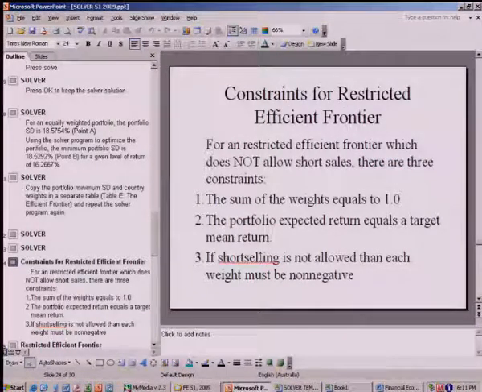The third constraint doesn't allow short selling, which means that the weight on the individual asset cannot be negative, indicating that you borrowed those shares or assets from some other investor and then used the proceeds of the sale to invest somewhere else. So in other words, we're telling the solver that all of the weights need to be positive, meaning that no borrowing, no short selling is allowed in this case.